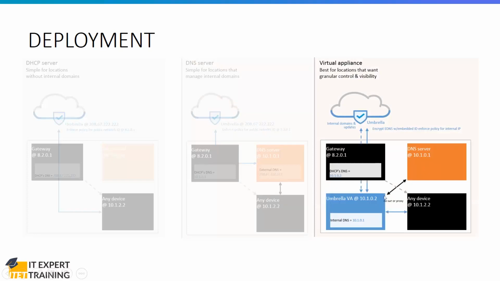Here you can see, whenever any device tries to access your internal domain, it will come to the Umbrella VA virtual appliance. Then it will forward to the local DNS servers. From the local DNS server, the domain name is reachable, and it will get resolved with the local IP. Apart from the local DNS server, anything going to the internet will go directly to the cloud. Okay, so this will give more visibility and granular control in the cloud.